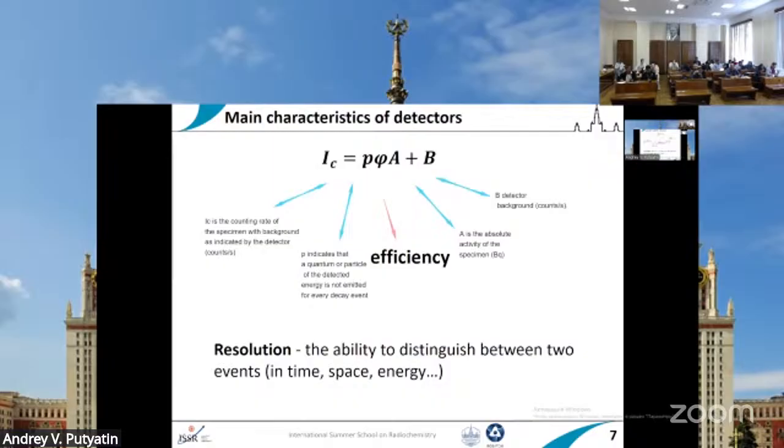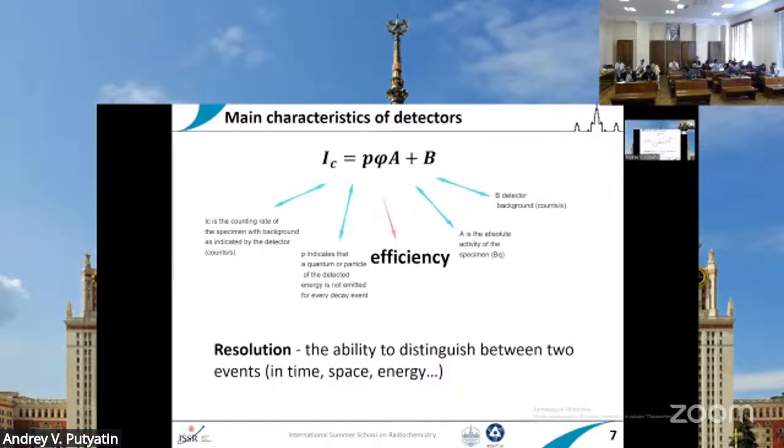And resolution can be of different parameters. In principle, resolution is the ability to distinguish between two events, either in time, so that we can talk about the time resolution of the detectors. That means that if one particle interacts with our detector, what is the time until the next particle can be detected?